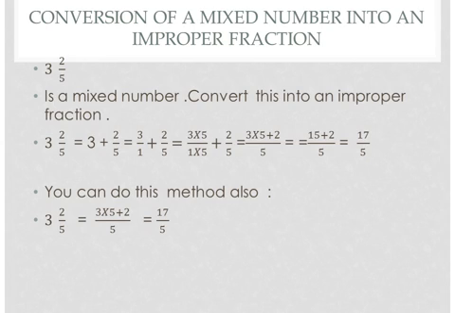Now you write the denominator only one time: 15 plus 2 upon 5 is equal to 17/5.